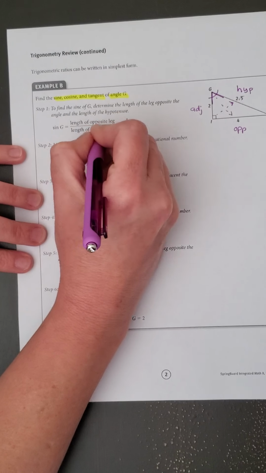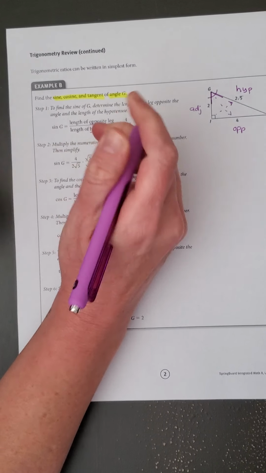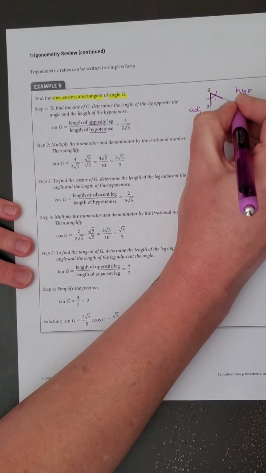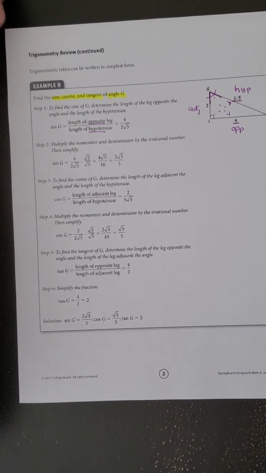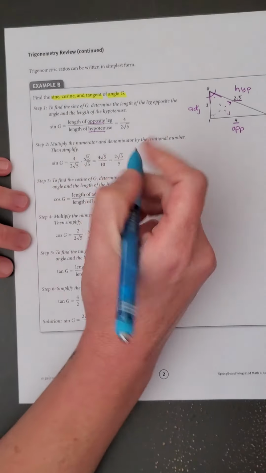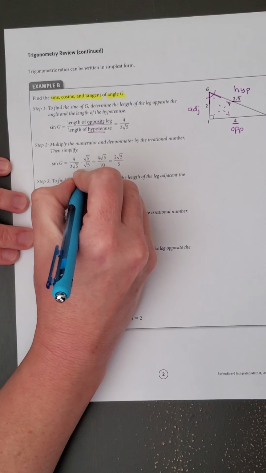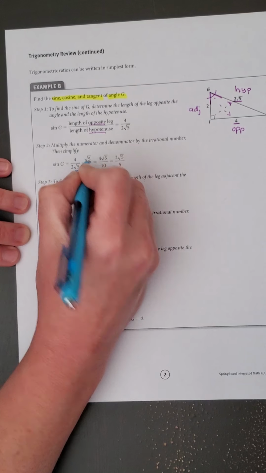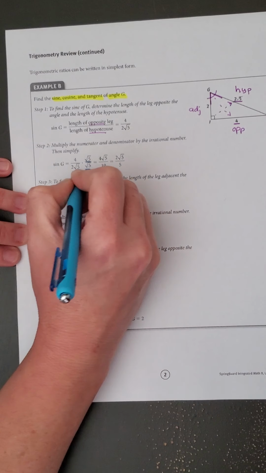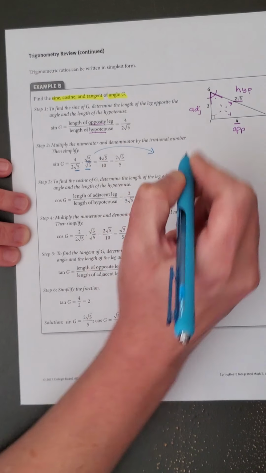So sine G is opposite over hypotenuse. So that would be 4 over 2 root 5. All right, now we cannot leave a radical in the denominator, so we're going to simplify by multiplying both the top and bottom by whatever this radical is. So they multiply by square root 5 to both. They're skipping a step right here, so I'm going to add it in.